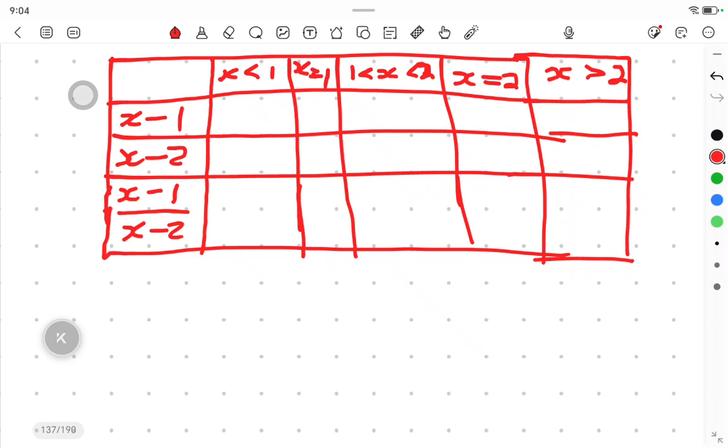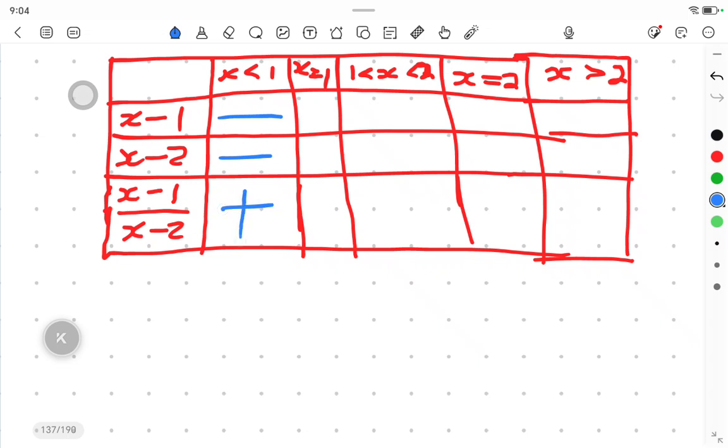Yeah, so if I plug here any number less than 1, let's say I plug a 0, I'm going to get a negative. If here I plug also that number, I'm going to get a negative. I plug a 0. Negative divided by negative is positive.